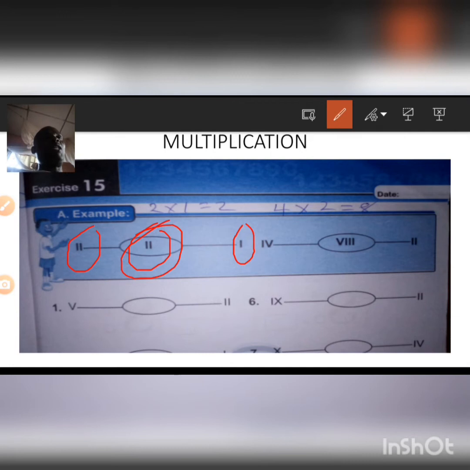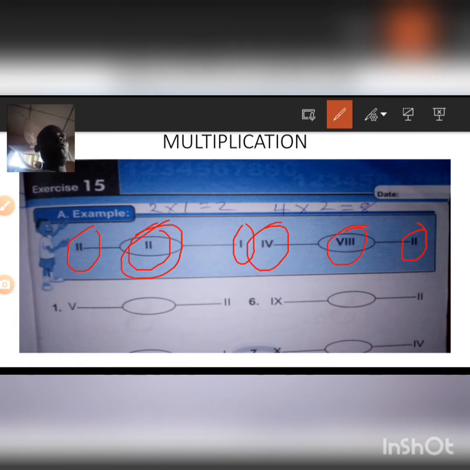Now, let's look at the second shape. At this end, we have a 2, that's II. At the other end, we have IV, which is a 4. So, to get the number at the middle, remember, we multiply the numbers at the extreme ends.